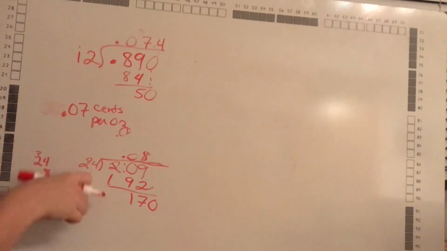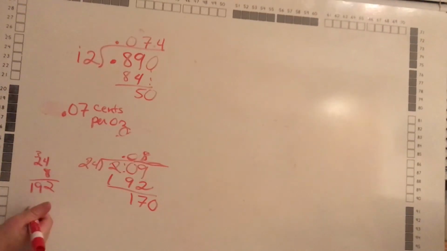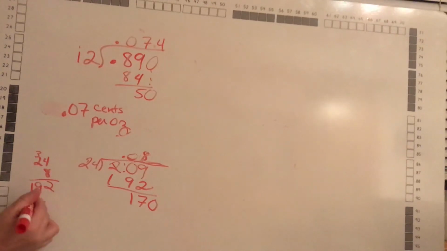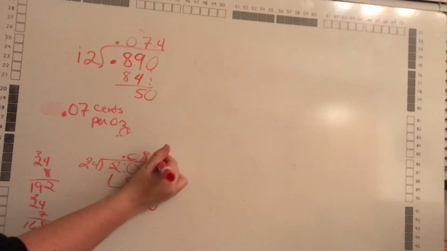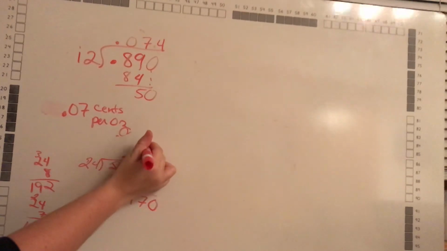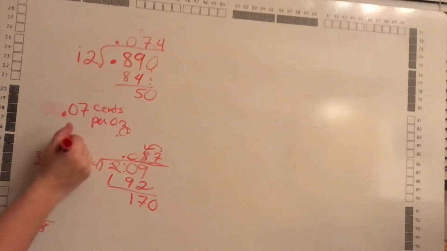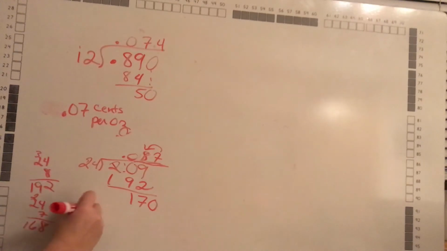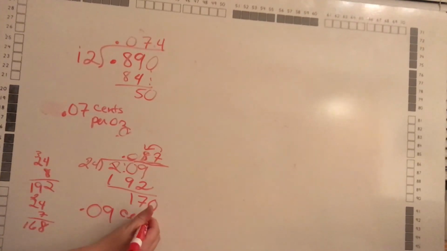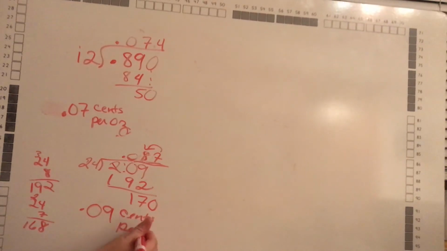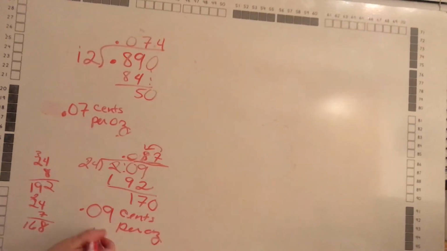So let's try 24 times 7. 7 times 4 is 8, 2, that's going to be 16, yep. So that's going to round up, and again, 0.09 cents per ounce.